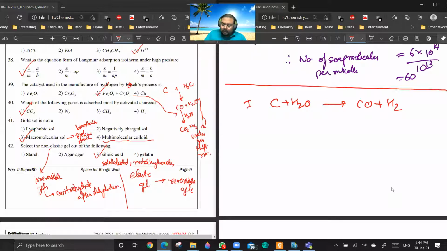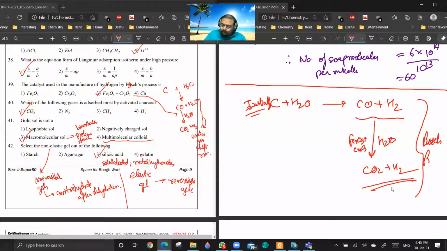Okay. But it required very high activation energy. In order to make it fast, this water gas is passed with steam in the presence of catalyst Fe2O3 plus Cr2O3, and you will get CO2 plus H2. Okay, this is the Bosch process.